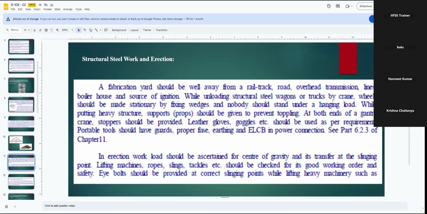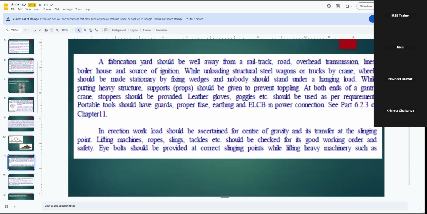Then we have steel structure works and erection. As we know, the fabrication area should be well away from the rail track, road, or overhead transmission lines, boiler houses, and also sources of ignition.